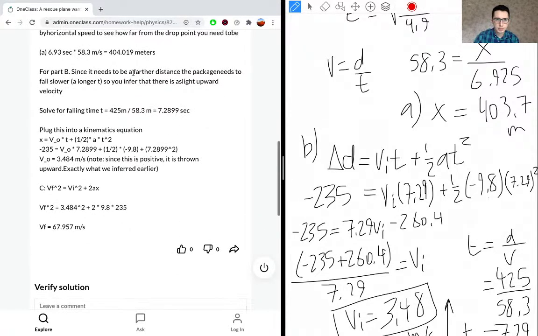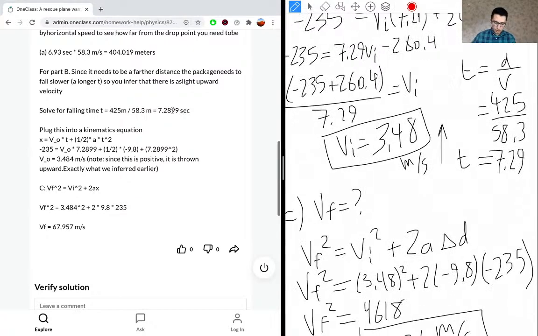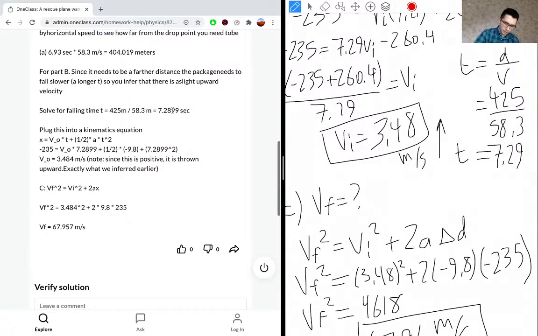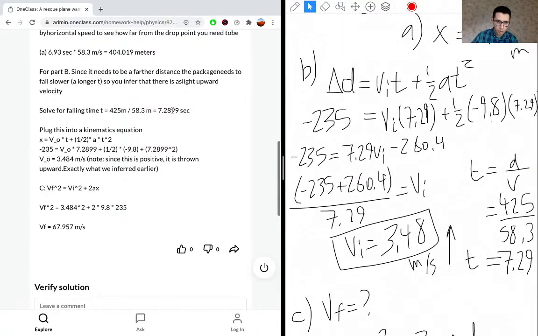For part B, since it needs to be a further distance, they find the time. We got 7.29, so that's correct. So we have 7.29 over here, and then they use the correct kinematic equation to solve, and they get 3.48.